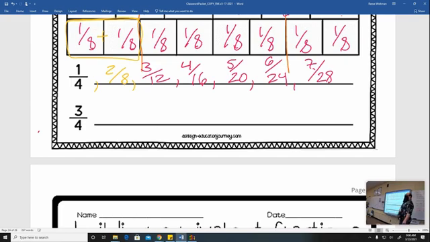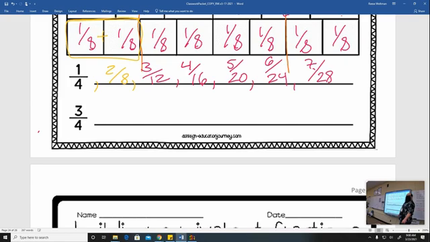What's 24 divided by 6, Malik? Nope, 24 divided by 6. Schmidt? Nope. 24 divided by 6, Jack. Guys, there's a pattern here.